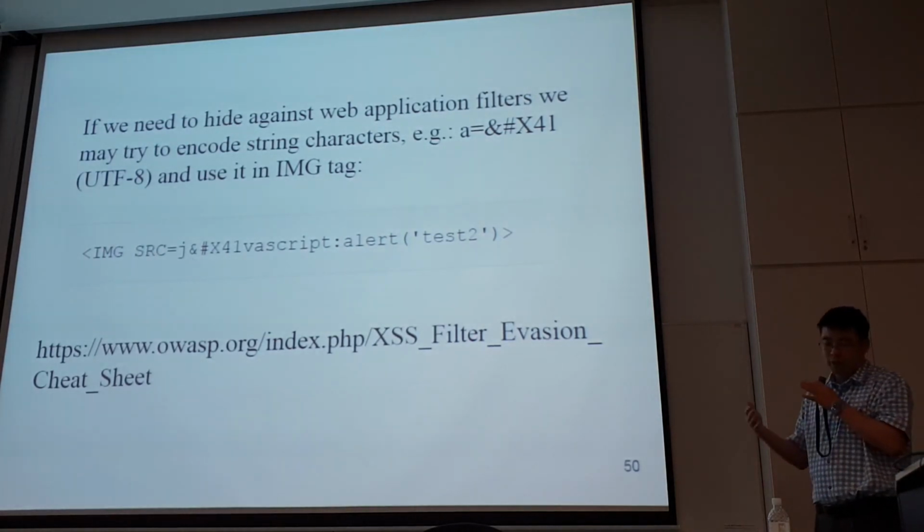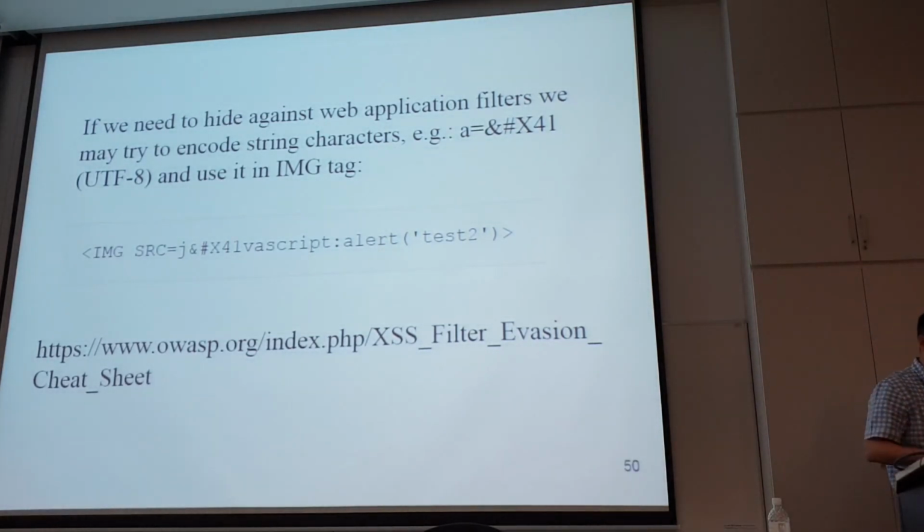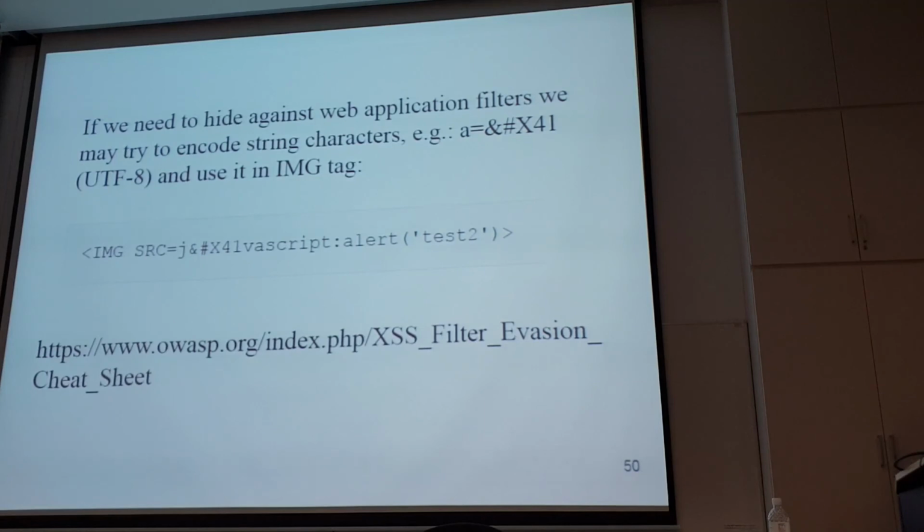But when this is stored on the server, and someone downloads and browses this page, the JavaScript will still be executed. So this is one method that can be used by the attacker to bypass the filtering done by the server. People use the encoding to cheat, to pass the filter.